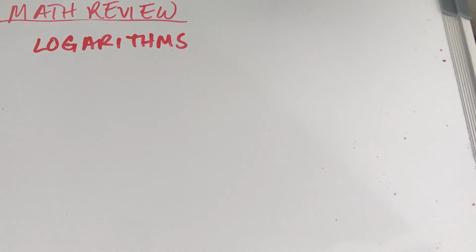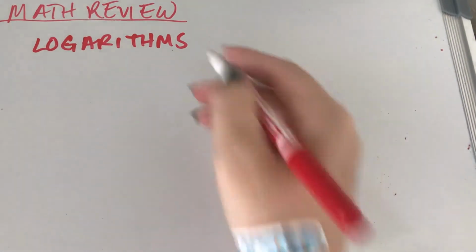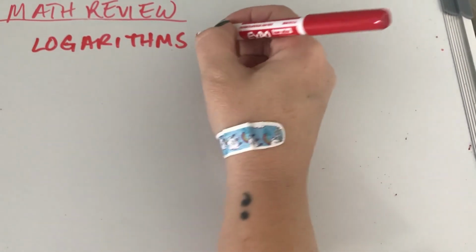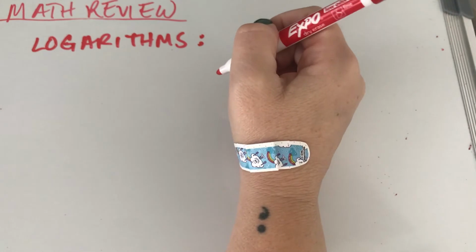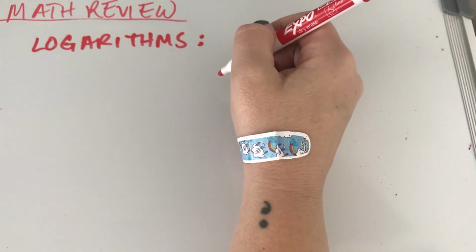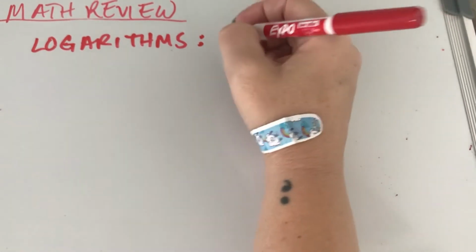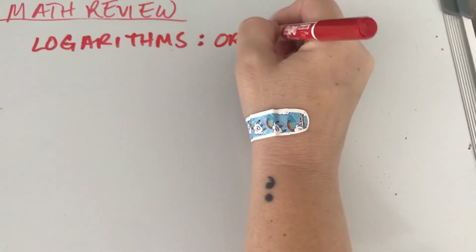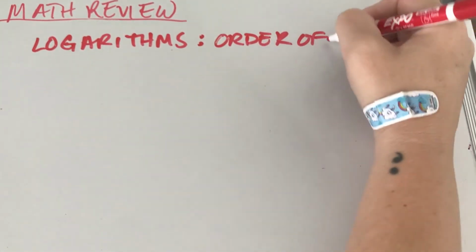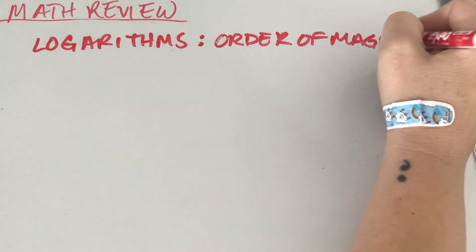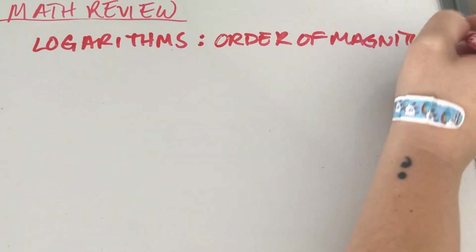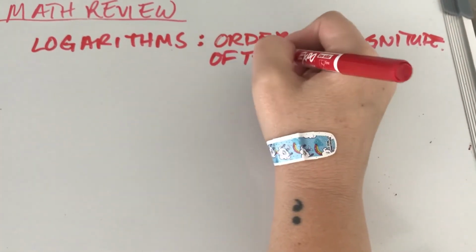Okay, so logarithms, we don't have to do a whole bunch with them, but in our very last chapter, when we get into acids and bases, we are going to deal with logarithms. So when we take the logarithm of something, what we're essentially doing is looking at the order of magnitude of the number.